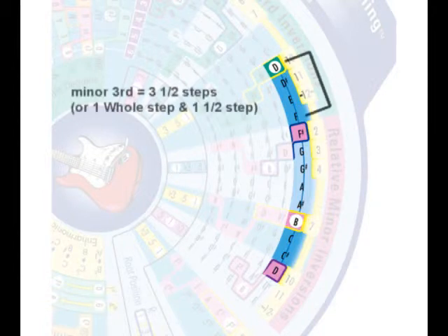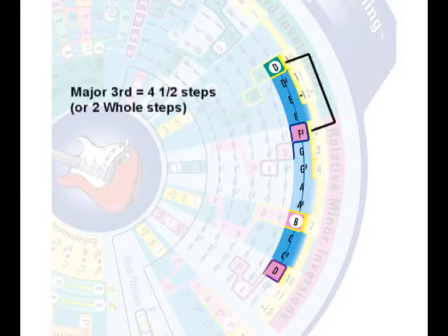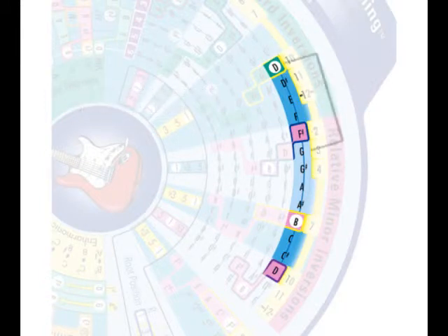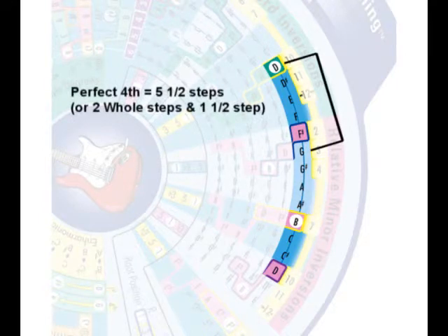A minor third equals 3 half steps or 1 whole step and 1 half step. A major third equals 4 half steps or 2 whole steps. A perfect fourth equals 5 half steps or 2 whole steps and 1 half step.